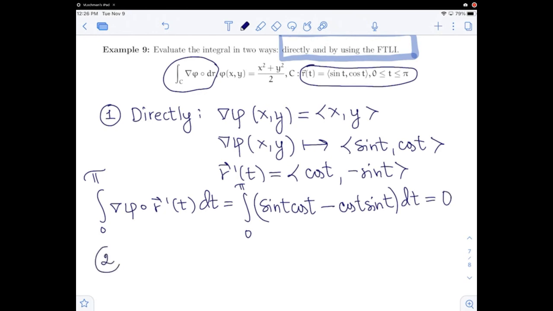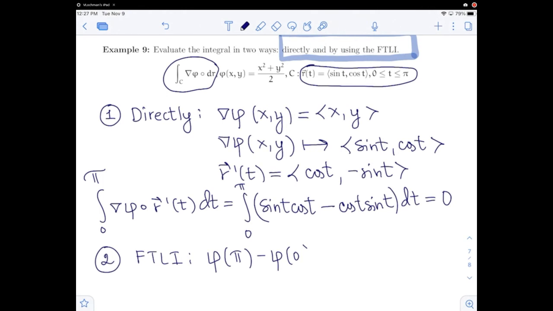All right, let's see. How about we apply the second part using the fundamental theorem of line integrals, okay? The fundamental theorem of line integrals says you can just take your function, your antiderivative, and evaluate it at the end points, just like you would apply the fundamental theorem of calculus.